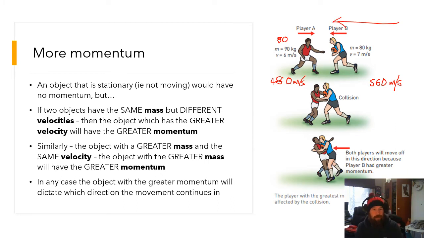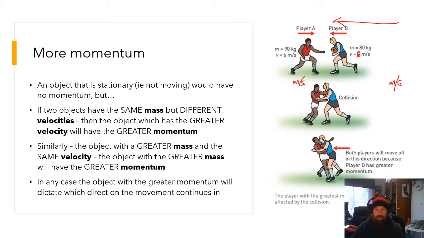However, the object that has the greater mass and the same velocity, okay, so let's say that these guys are now moving at the same speed, so let's just get rid of this. We're traveling at the same velocity, so he's going to be traveling at 6 meters per second.